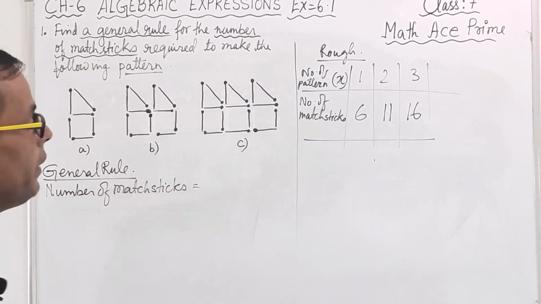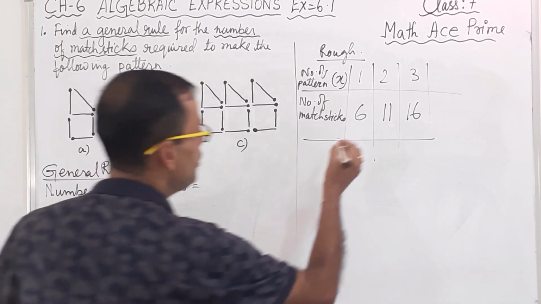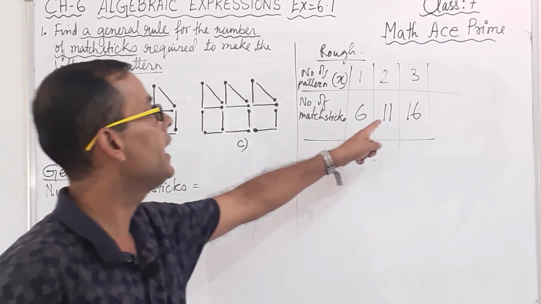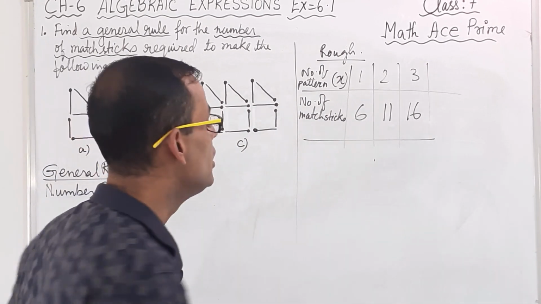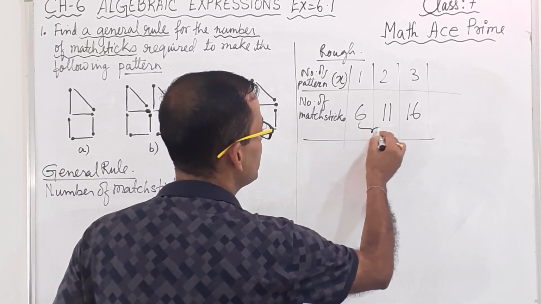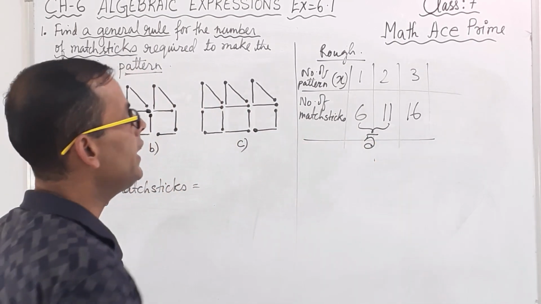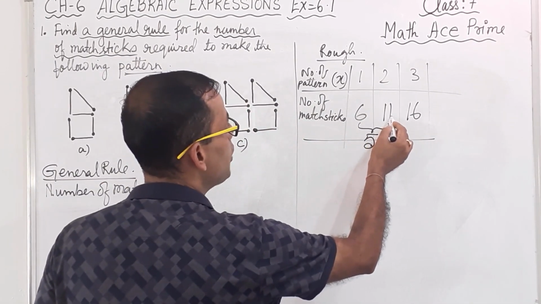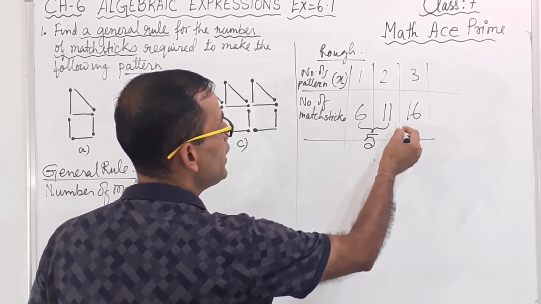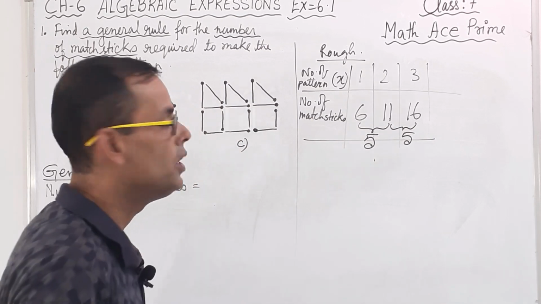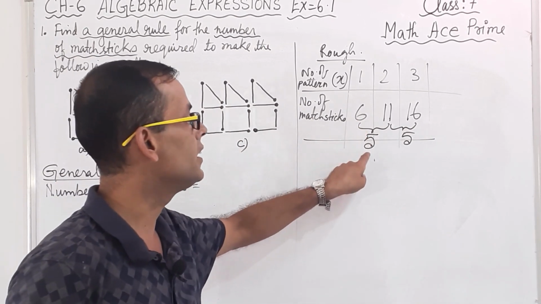So how will we make a general rule? Now you see, for the first one, I am using 6. For the next one, I am using 11. So how many more am I using? I am using 5 more. Clear no? Again you see here, from second to third, how many more am I using? 5 more. See, 11 minus 6 is 5.